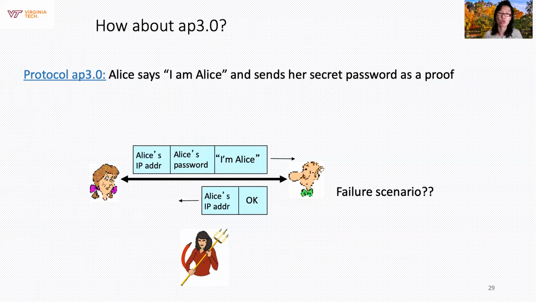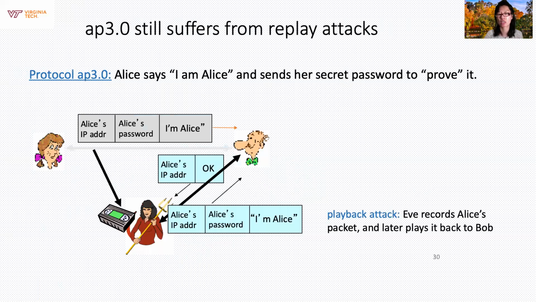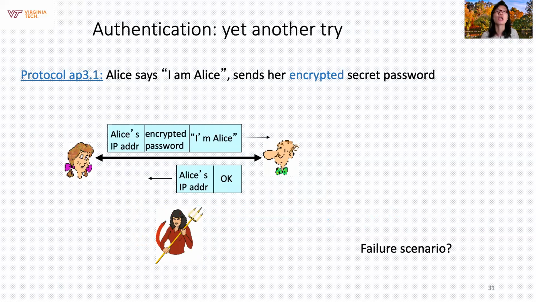Sending Alice's password over as a proof would also be insecure, because that information can be intercepted by other people as well. And so replay attacks are still valid in this simple, let's call it AP 3.0, Authentication Protocol 3.0.